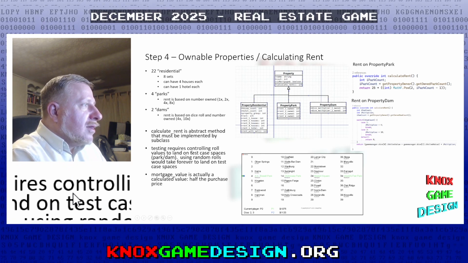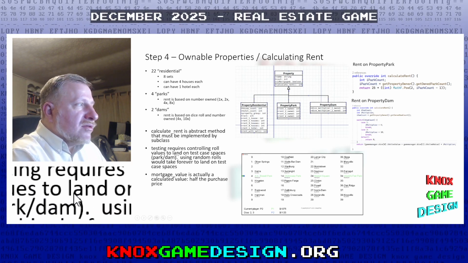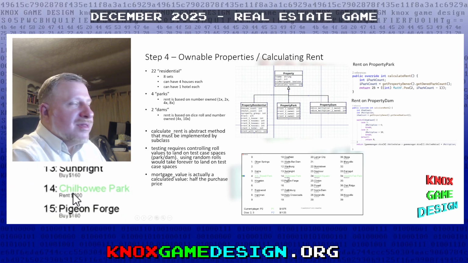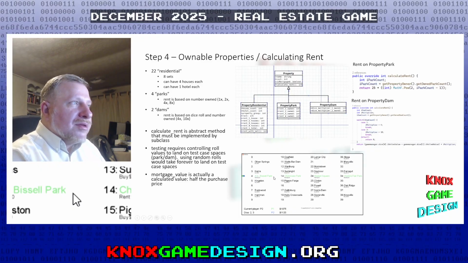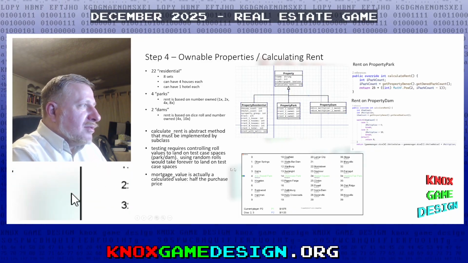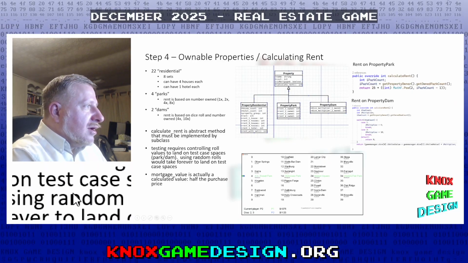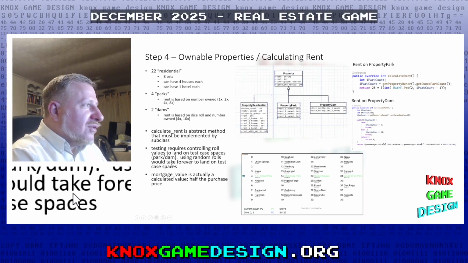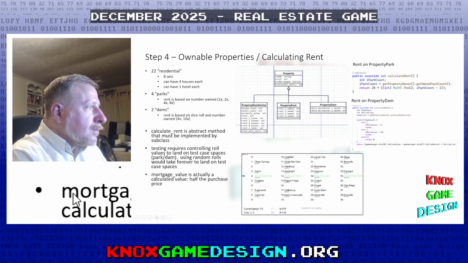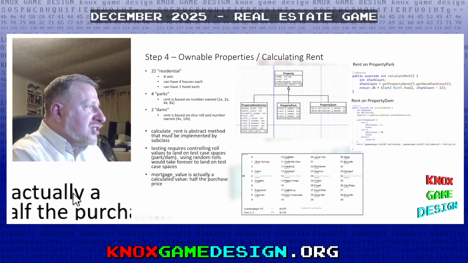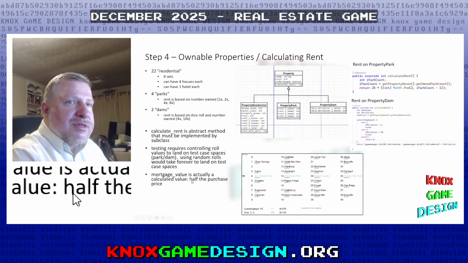Testing requires controlling roll values. So when I was testing out some of these, I had to force the roll value to be a 5 so I'd know I'd land on a park to test that out. Using random rolls would have taken forever to land on those spaces. And the mortgage value is actually a calculated value, half the purchase price.